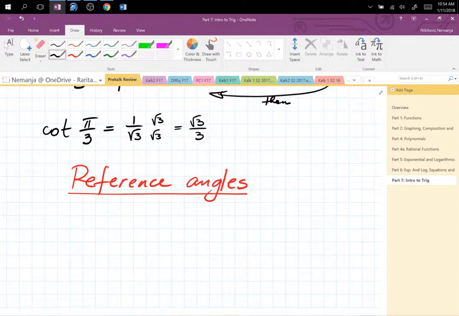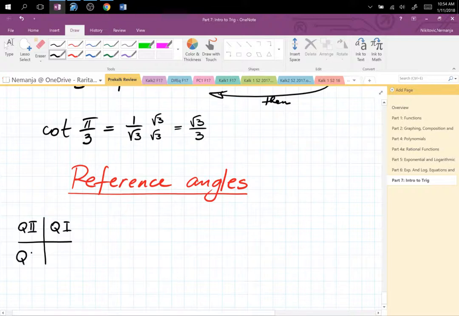We first remember from algebra that you have quadrant 1, quadrant 2, quadrant 3, and quadrant 4. These are the quadrants that you learn in algebra when you divide your XY two-dimensional graph.